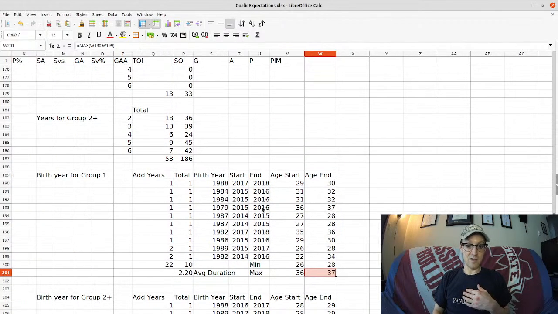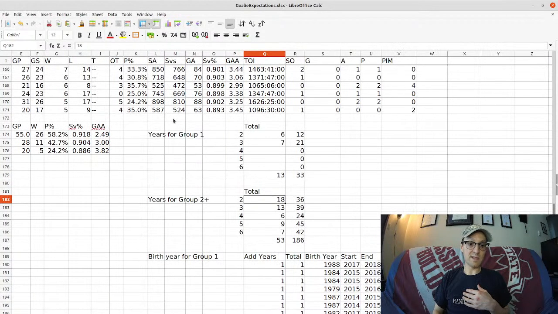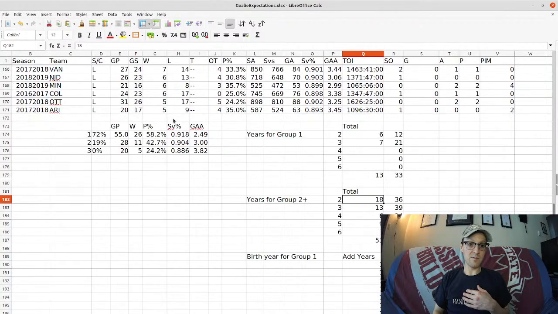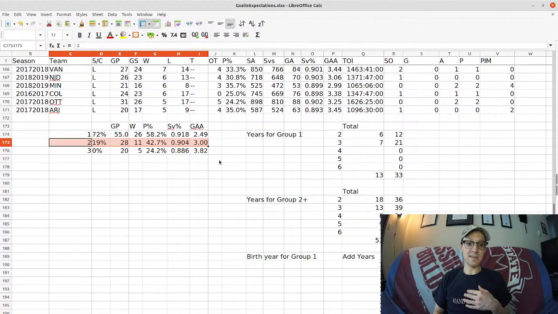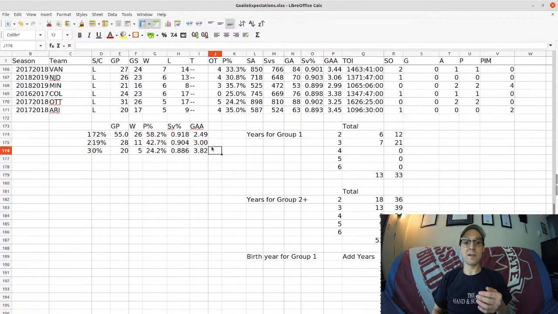So now if we take a look at the second tier, which the expectations are more reasonable or flexible, however you want to call it. So in the second tier or greater, they need to have games played of 28, 11 wins.